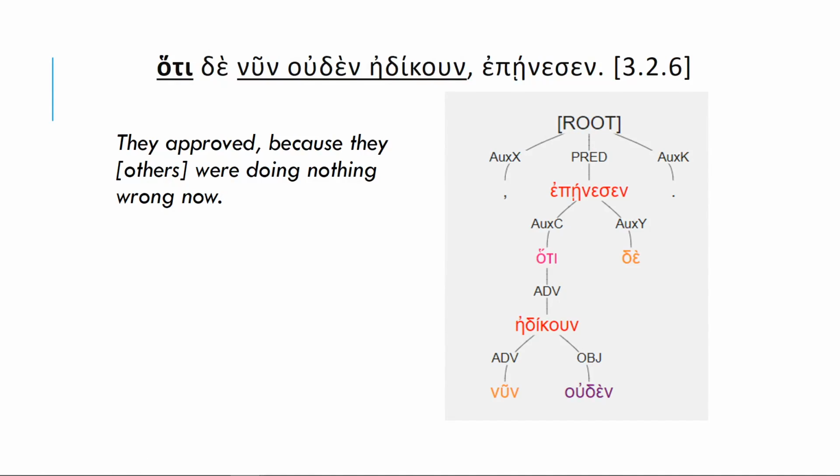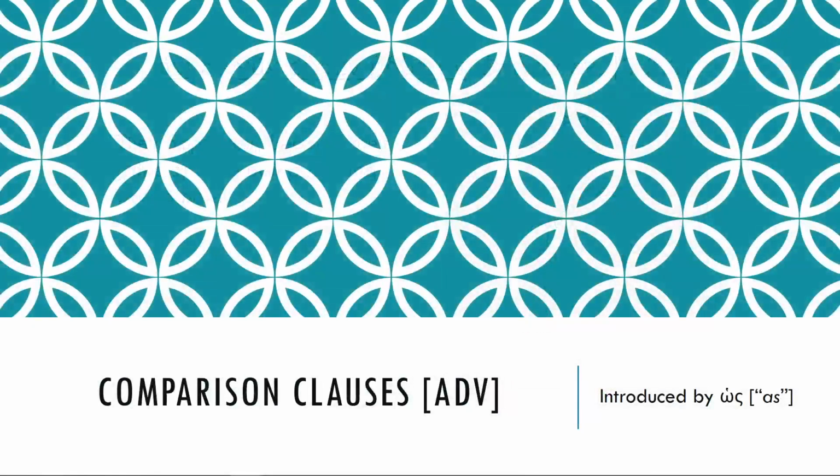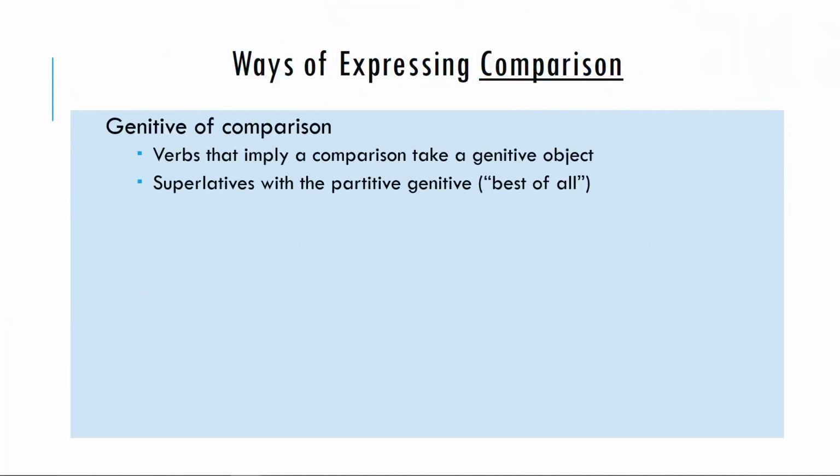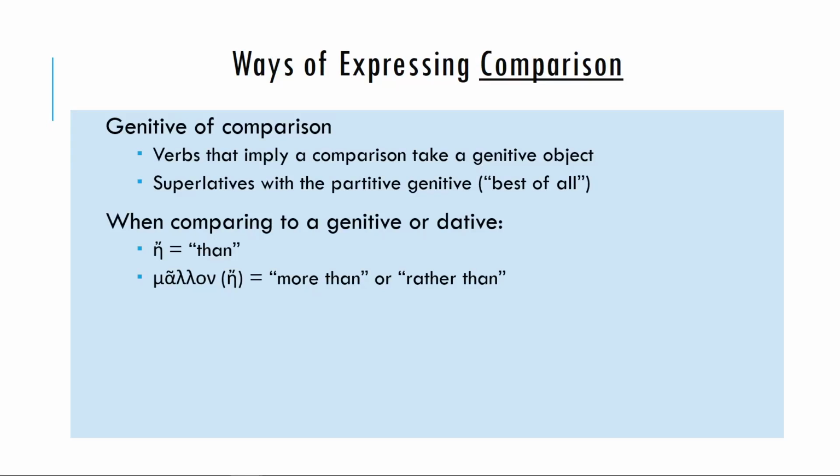Okay, the next type of clause are comparison clauses, and these aren't always straightforward comparison, but they have this sense of as, introduced by the word hos again. Now we've seen genitive of comparison that happens quite often. We've seen genitive of comparison by itself or with a or malon a, and we sometimes see the dative there as well.